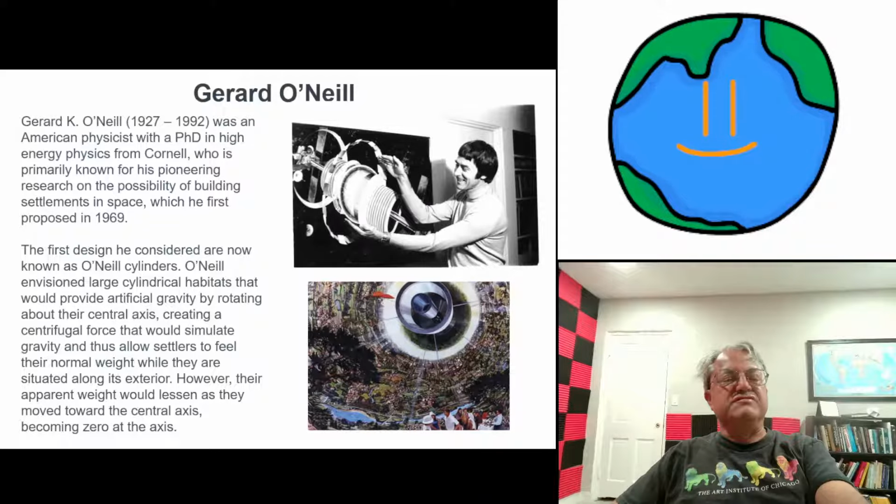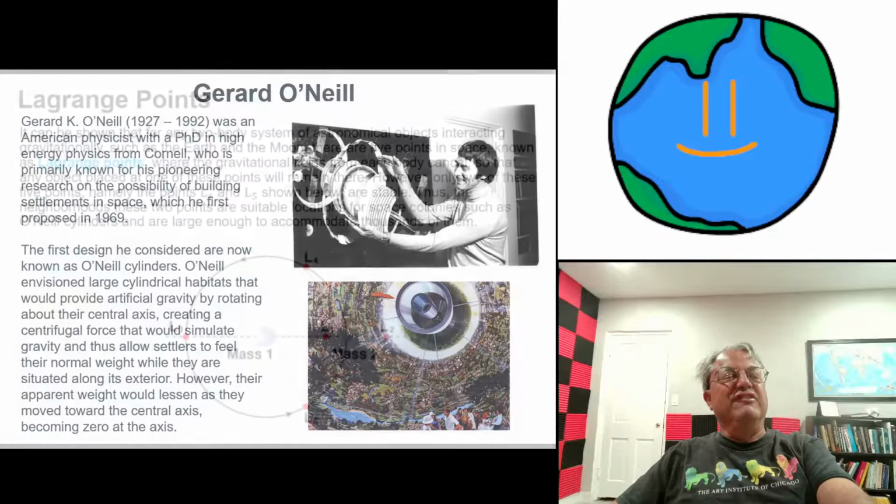And I'll go into the specifications of the designs later. But the picture on the bottom right is just a picture of what the living area would look like inside one of these things. It'd be kind of strange because I guess you could see other people upside down if you looked way up. But I'll get into that more later.